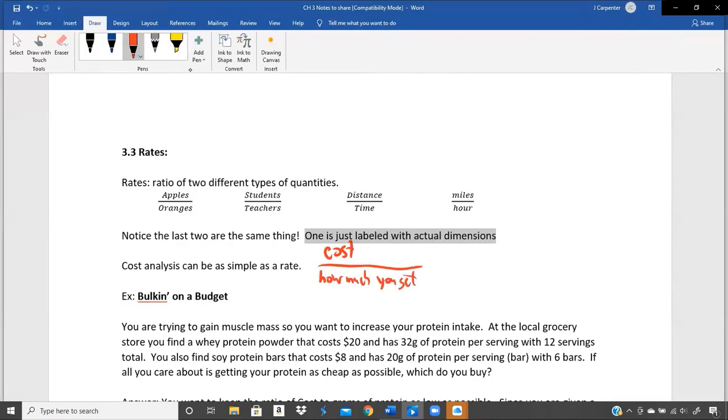So if you pay $10 and get one item, then that ratio would be 10 over 1, and it would be $10 per item because you'd have to have all those units in place. But if it costs you $10 for 10 items, then that means that it would cost you $1 per item. So maybe at the store, they've got this super, super high quality product and it costs you $10, and in that thing you get one of the items.